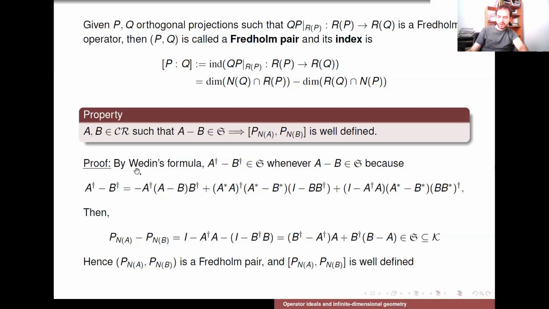In fact, we have to use Wedin's formula, which writes A dagger minus B dagger in terms of A minus B, and here the adjoint of A minus B, also. Here, operator ideals are closed under taking adjoints.